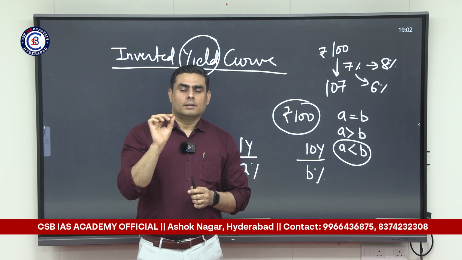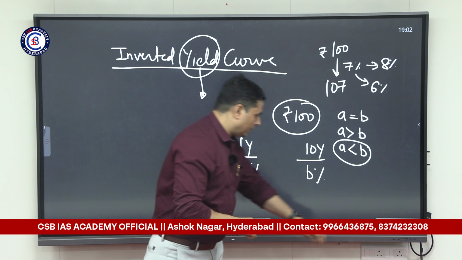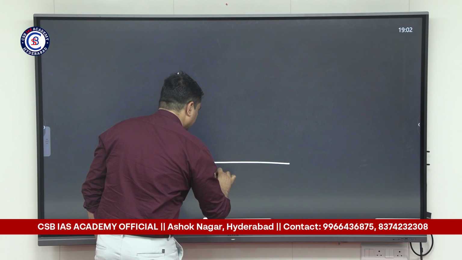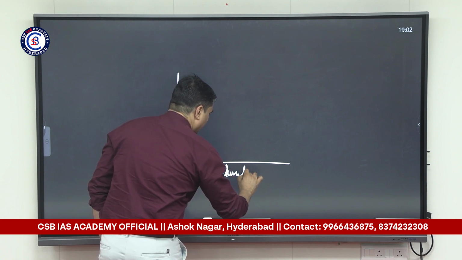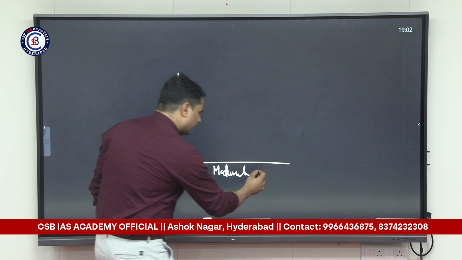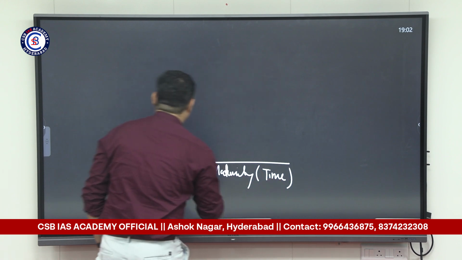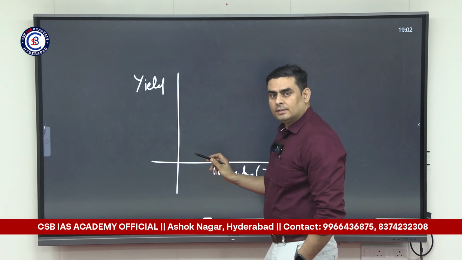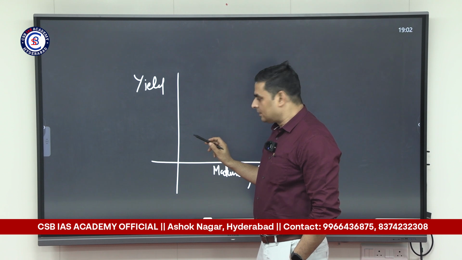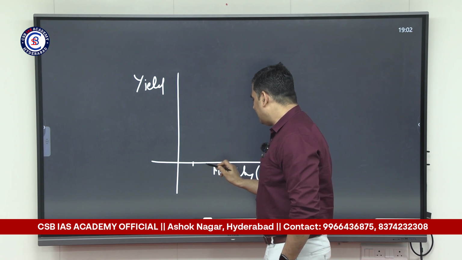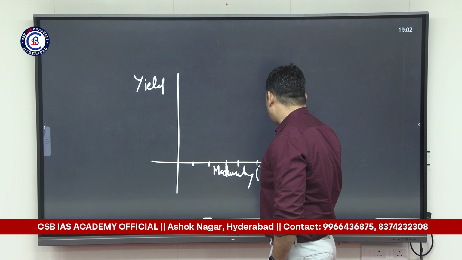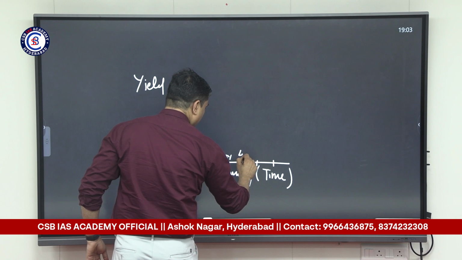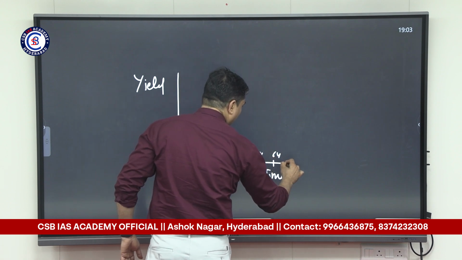Now my question to all of you watching this video is, when you are going to invest, we can take it like this: one axis is maturity, the time period, and the other is yield. If the time is less, yield is also going to be less. So if you draw the curve, 1 year, 2 years, 3 years, 4 years, 5 years, 6 and more.